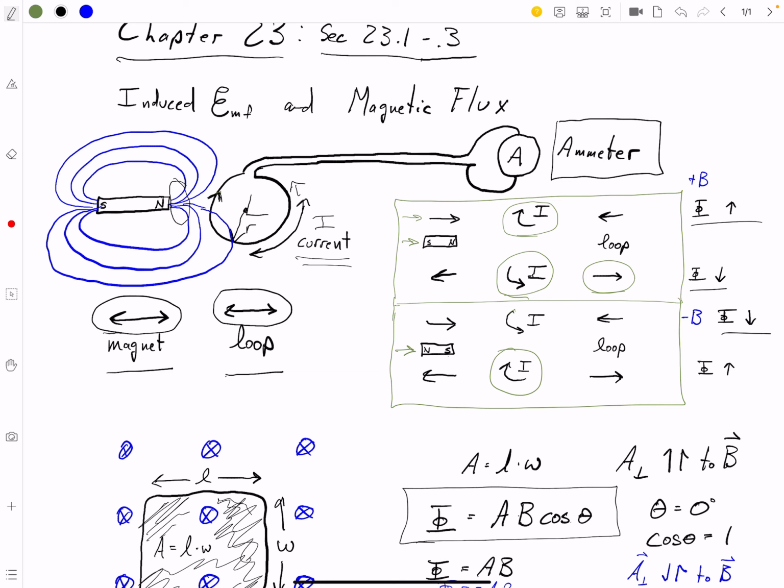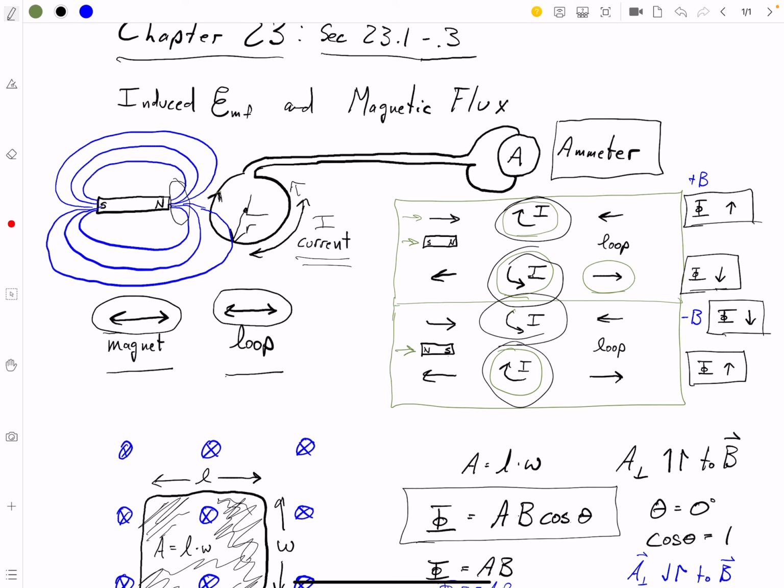Okay, so those are all the equivalencies, and this is why the current flows, and it's because our magnetic flux is rising and falling, and as it does, it generates these currents in the loop. All right, one of them didn't get a green circle around it, so now everybody's got their own green circle.